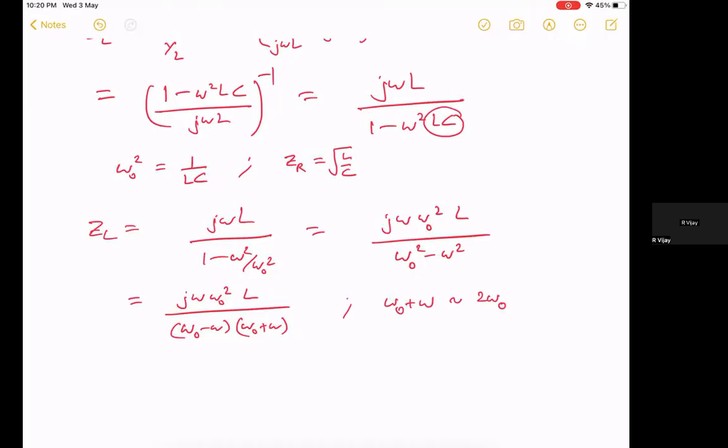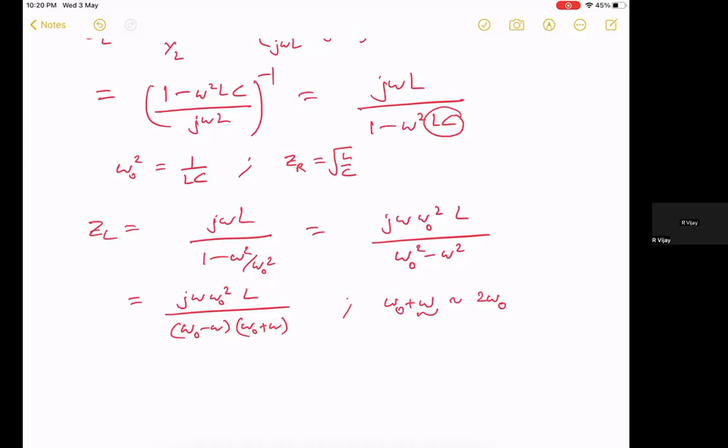Basically, it's saying that in the response of this resonator, we are only interested in values of omega which are close to omega naught, which is basically near the resonant frequency, because that's where all the action is. There is also another implicit assumption which is not so obvious here, that we are assuming the resonance is very sharp, in the sense that most of the thing happens in a range of frequencies which is very close to omega naught. And that is sort of typical for any resonator you are studying. Usually you don't have very broad resonances because those are not really useful or typical.